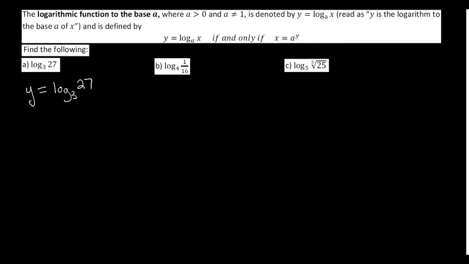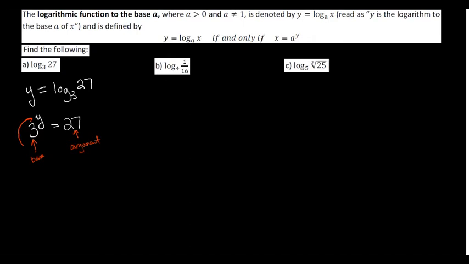We can rearrange this, according to our definition, as 3 to the y equals 27. In other words, we're asking ourselves the question, what is the exponent on our base of 3 to give us the argument of 27?